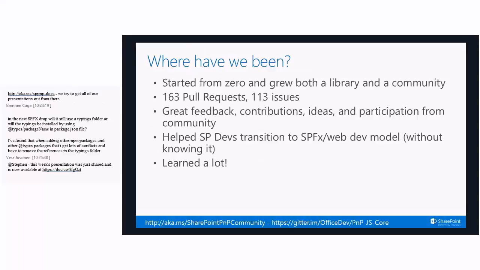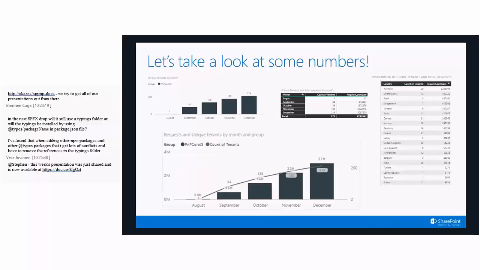So I did want to show you guys some numbers for the last year. We talked about this, I guess we probably first talked about it in August. We introduced tracking. We've been doing tracking in the CSOM core component now for a number of months, and Vesa usually talks about those numbers in the monthly calls for the CSOM library.